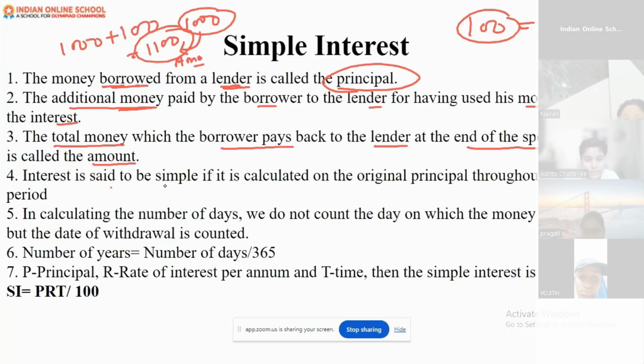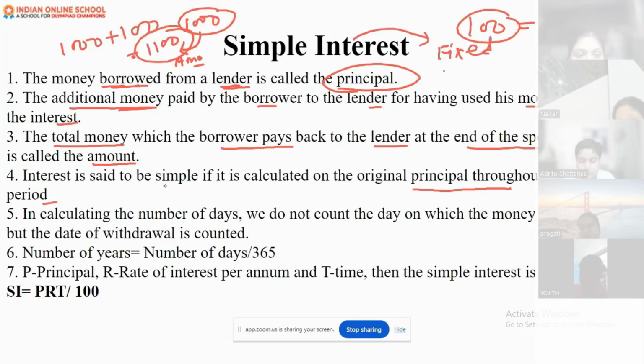Interest is said to be simple if it is calculated on the original principal throughout the loan period. So interest is calculated on the principal only. We will discuss compound interest later, where you will see the major difference. But why is simple interest fixed?